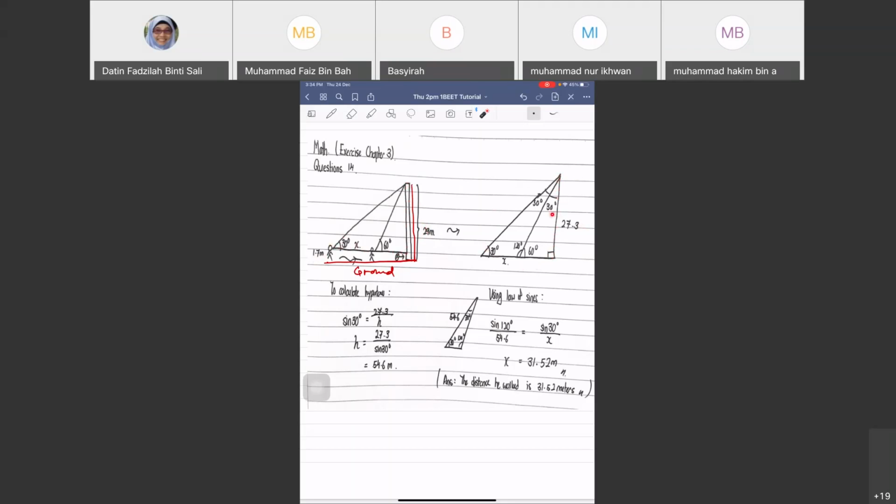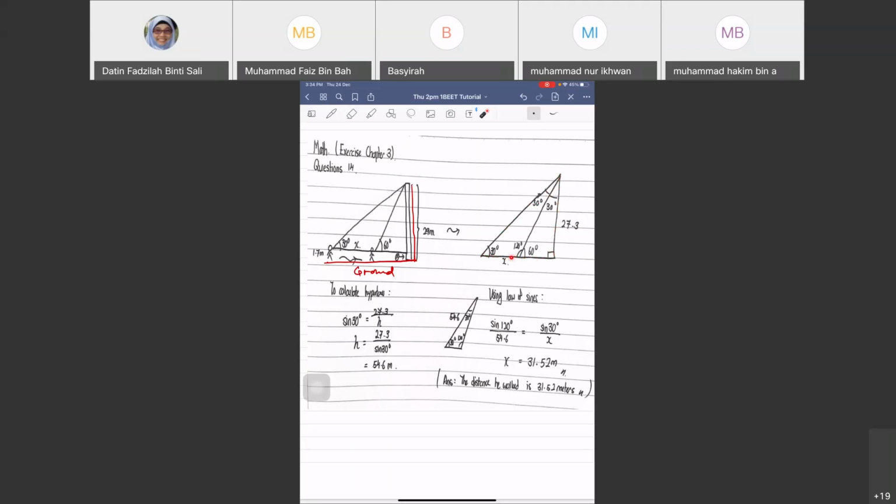Okay, so now referring to this diagram. Basically you have one big triangle here, as well as one smaller triangle like this. The distance that you want is actually here.